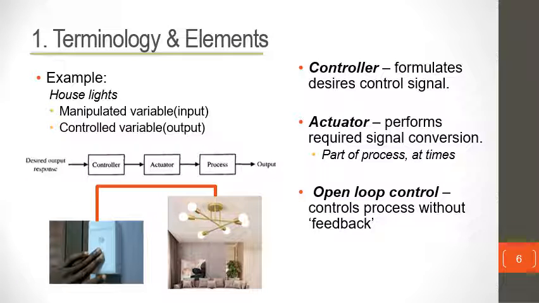Now having defined that system, we will look at the different kinds of systems that we may see, so as to explain the components that we see in typical systems. Take, for example, the house lights.